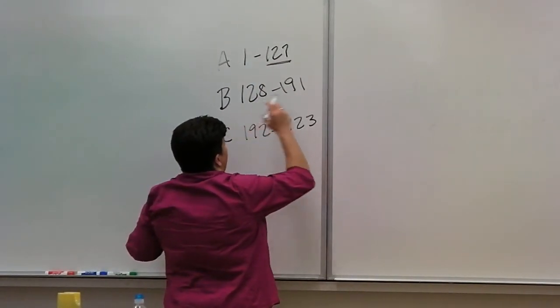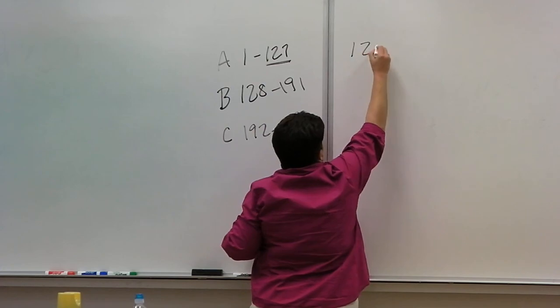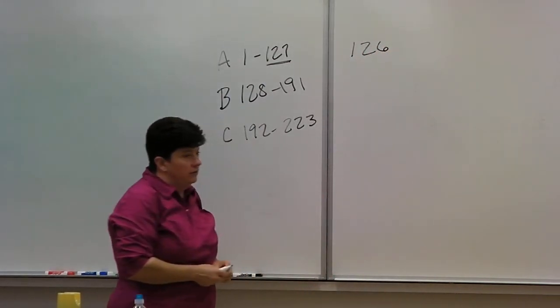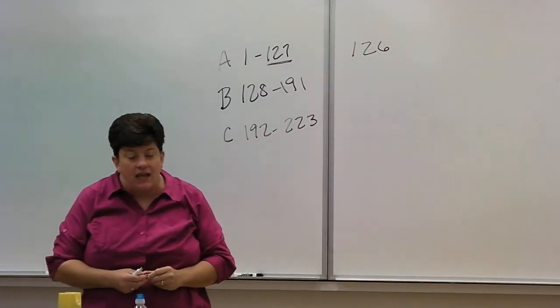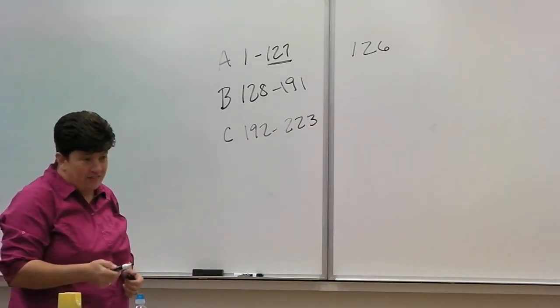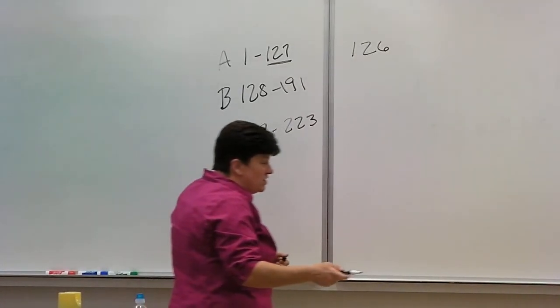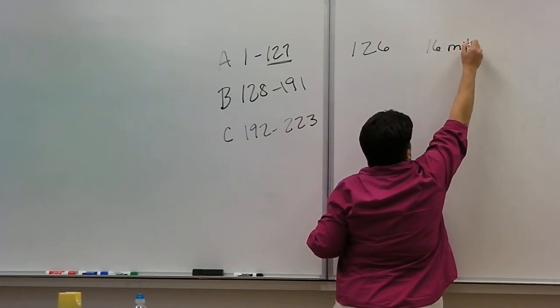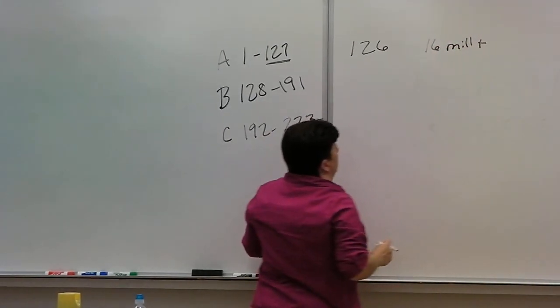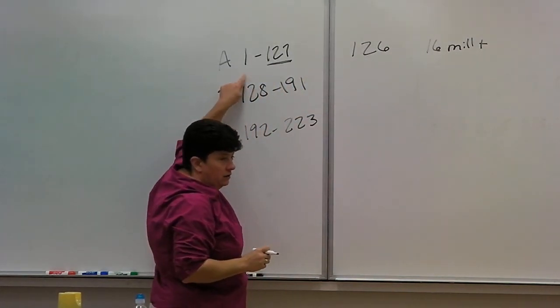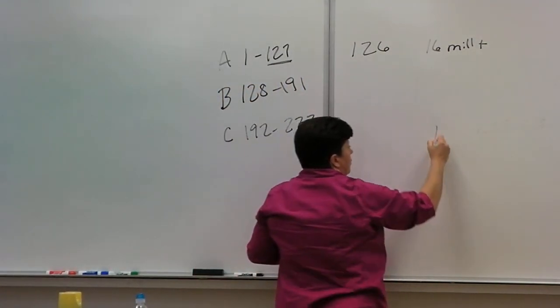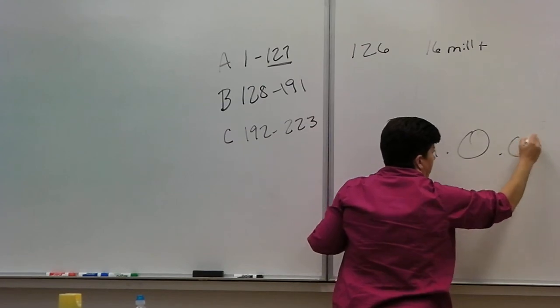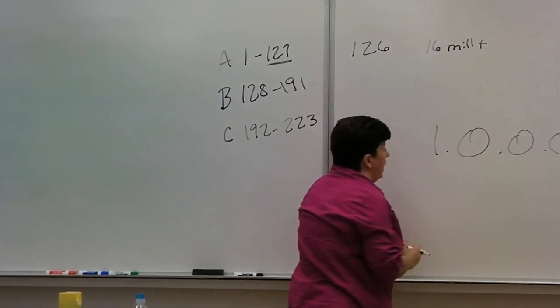So out of a class A, I get 126 networks. Right? Each network has over 16 million possible hosts. Because I take the number 1 and I have 1.0.0.0.